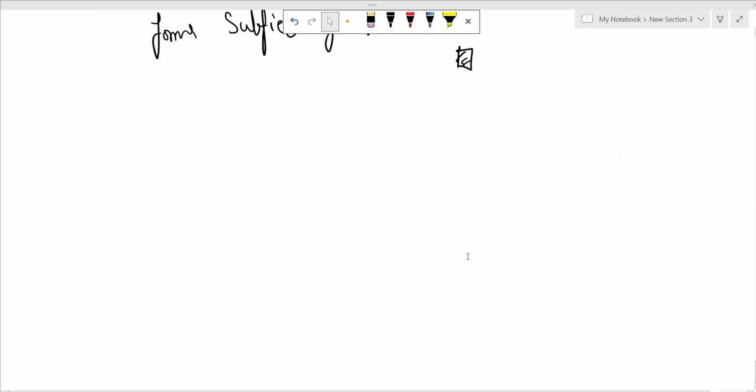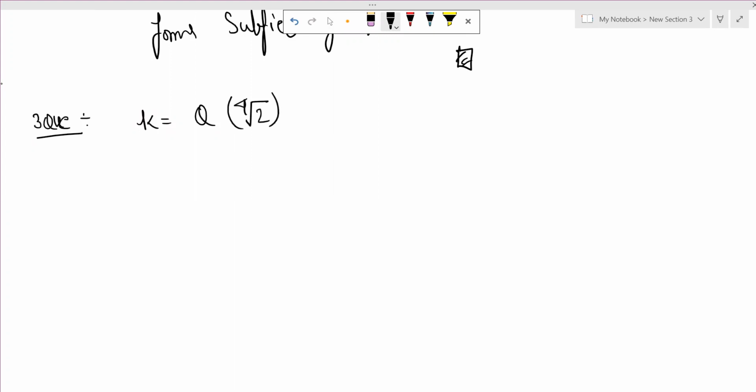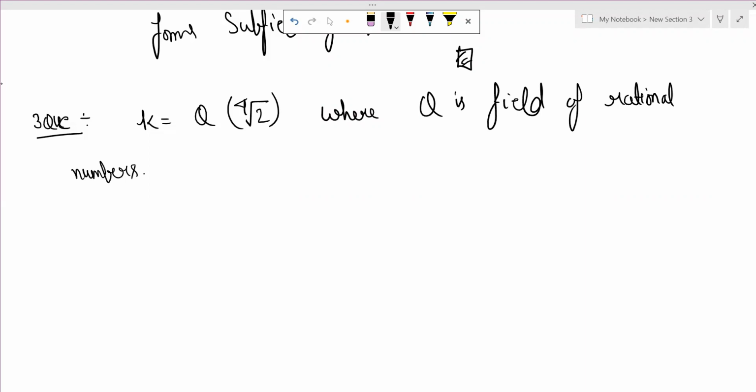Now, third question. Q is the field of rational numbers and fourth root of 2 is the real fourth root of 2.